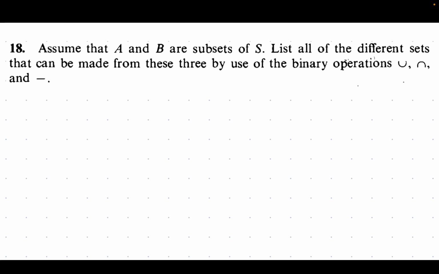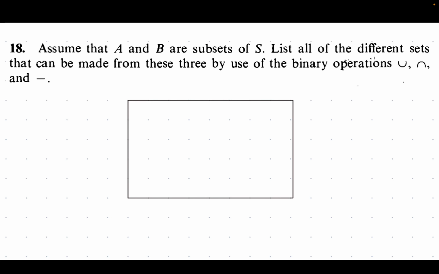So what I'm going to do is start off with a Venn diagram. Learning from a couple of videos ago, I can just do this. Right? And I'm going to call this big square S. I am going to color them. So S is going to be this dark blue.